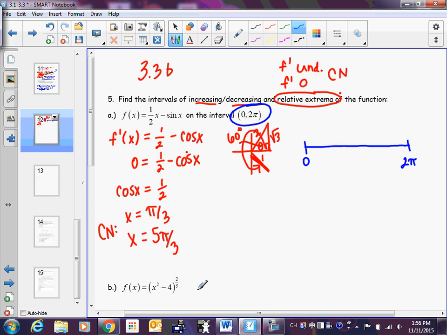On the next example, we don't have an interval, so we'll use negative infinity to infinity again. But here we have one. Please make sure you put your critical numbers in the right order. Pi/3 has to come before 5 pi/3, or you're going to get the wrong answer and it's going to be confusing along the way.